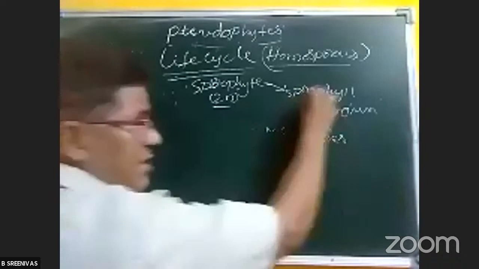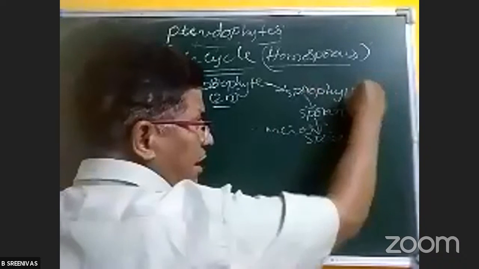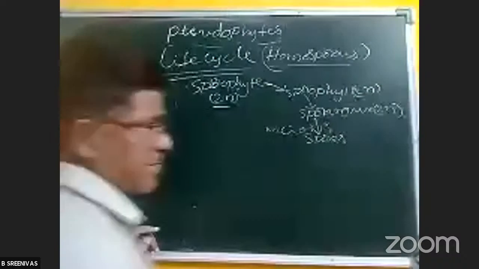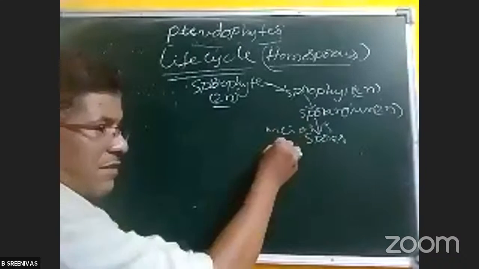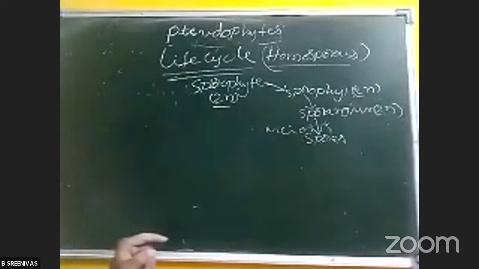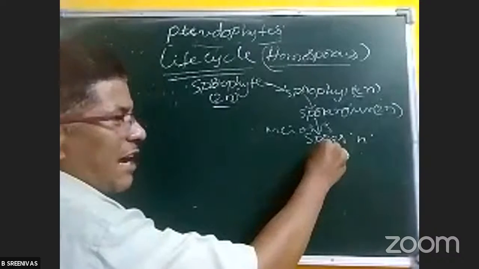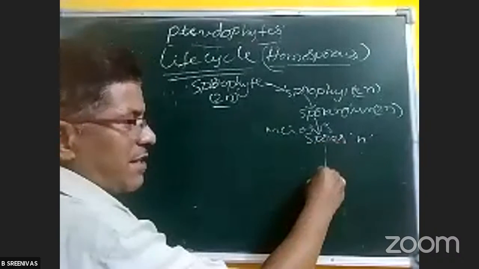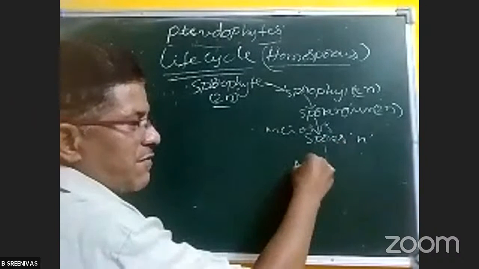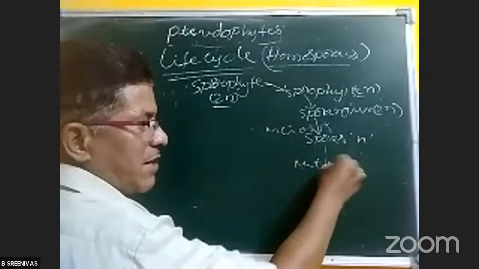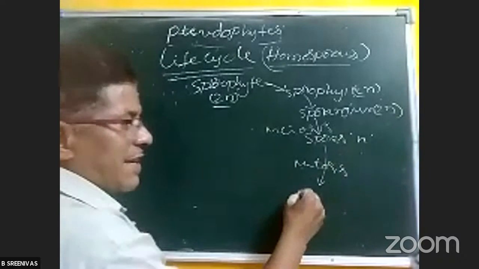Here all the cells are diploid. When meiotic division takes place in the sporogenous tissue of the sporangium, it produces haploid spores. These haploid spores germinate by mitotic division, and the gametophyte is developed.